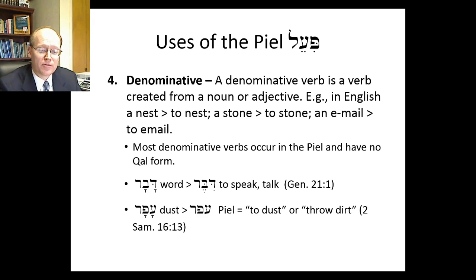So most denominative verbs occur in the Piel and have no Qal form. So the word davar, word, to word or to speak, diber. Dust, afar, but to dust or throw dirt is iper, and there's no Qal form of that.